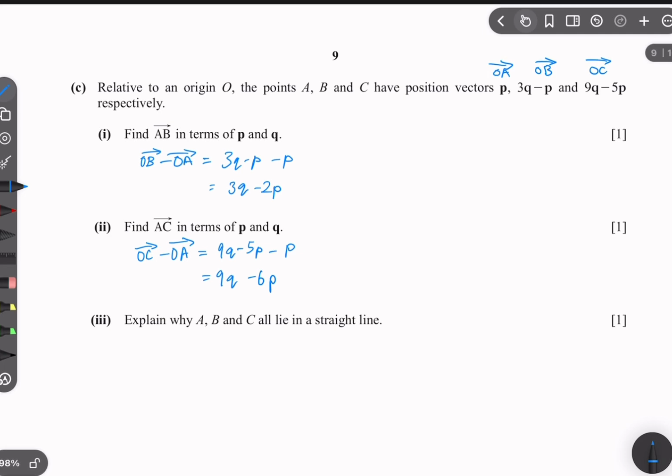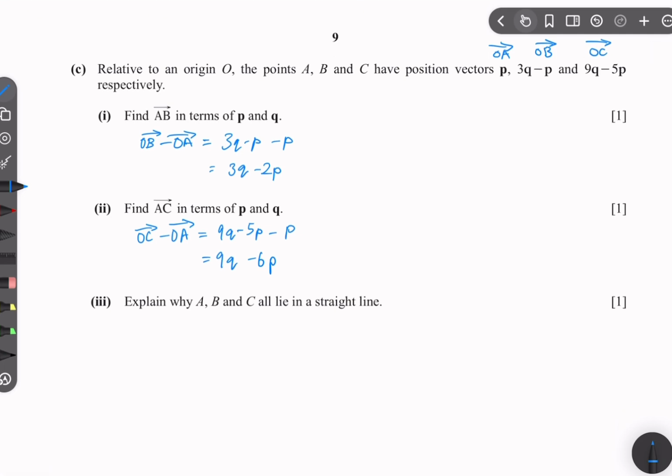Part 3, explain why A, B, and C all lie in a straight line. So to explain this, we can rewrite AC by taking out 3 as a factor. And this will be multiplied by 3q minus 2p, which is AB. So it's equal to 3AB.